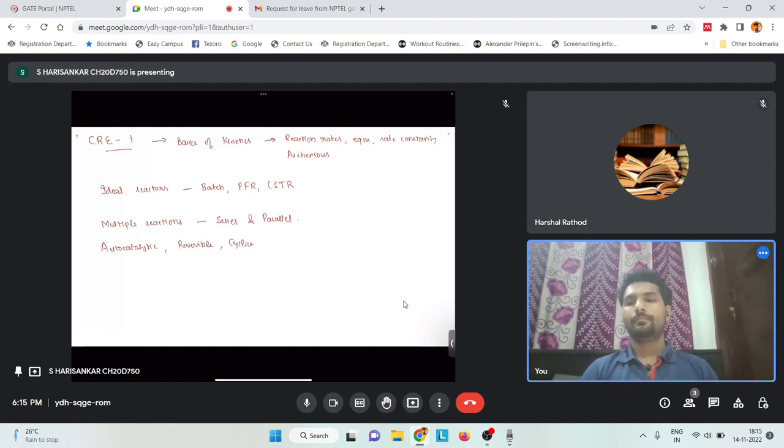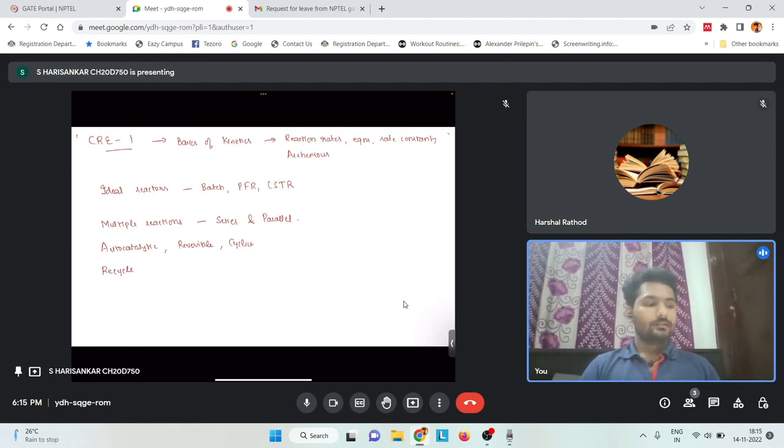And then we looked into recycle reactor, which is one of the latest topics we looked into. So this is pretty much most of the basic concepts when it comes to chemical reaction engineering 1.